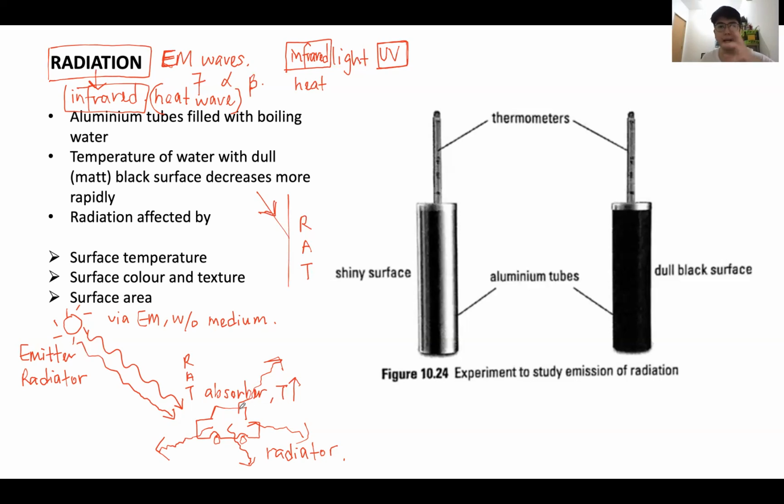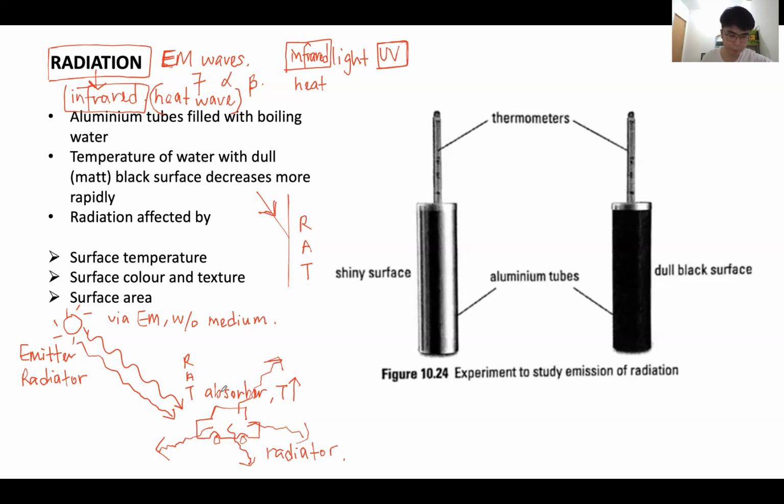If the temperature is rising, then the absorption is more than the radiation. If the temperature is falling, then the radiation is more than the absorption. So any object can emit and absorb at the same time, depending on which one is greater. That defines whether it is heating or cooling.